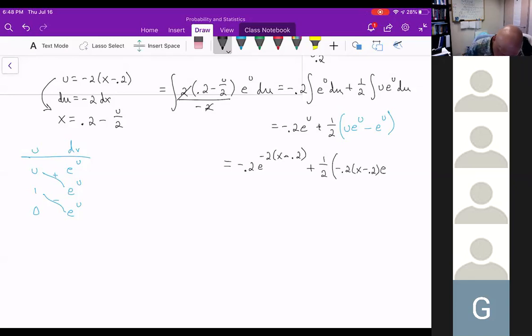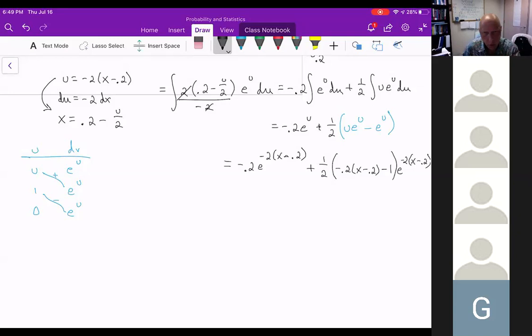You know, I'm going to factor out that e to the u just to save some space here. E to the -2, excuse me, x minus 0.2. And we're evaluating this from 0.2 up to infinity.